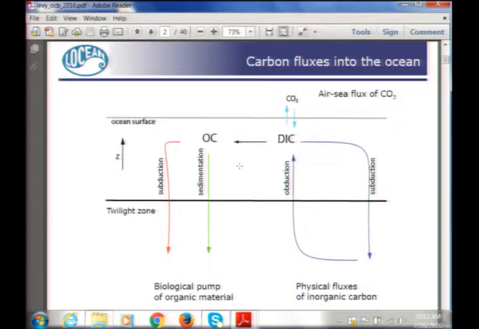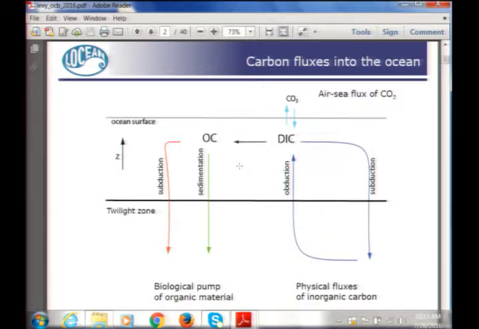So you have one part of the export of the biological pump, which is due to the sedimentation of the cells, and another part which is physically driven and which is due to subduction, and we mentioned a lot yesterday the subduction by submesoscale features.